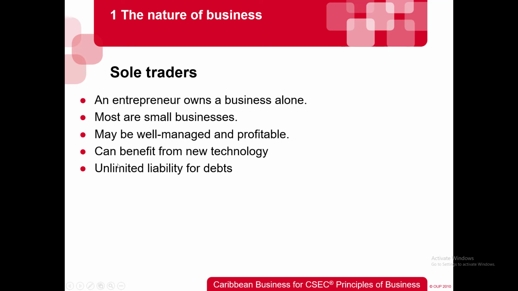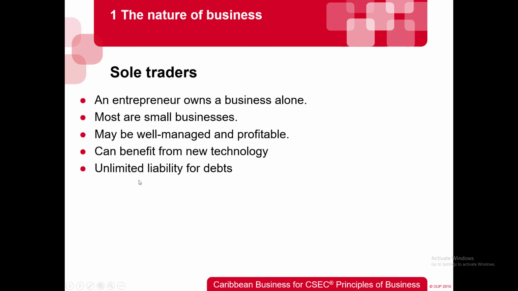This whole unlimited liability for debt thing, where there's no limit to what the bank or the financial institution can do to get back their money. So again, if you put up your car, your house, your land, they can reclaim that and take it for themselves to cover your debt. That's what unlimited liability for debt is all about. Unlimited.